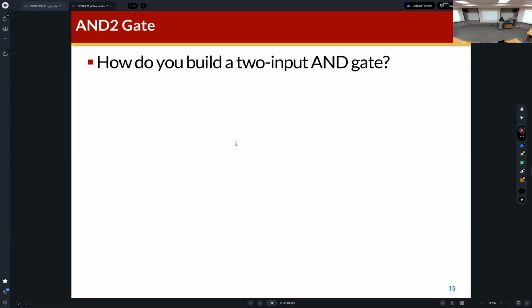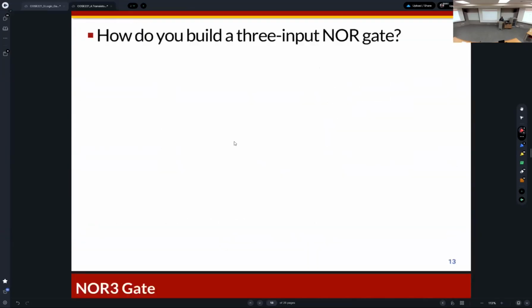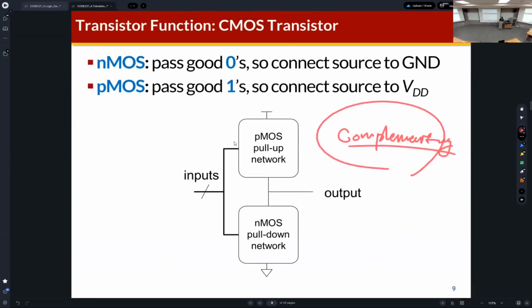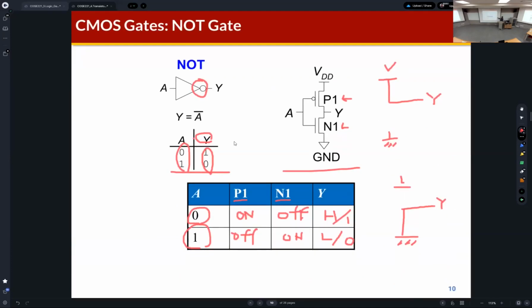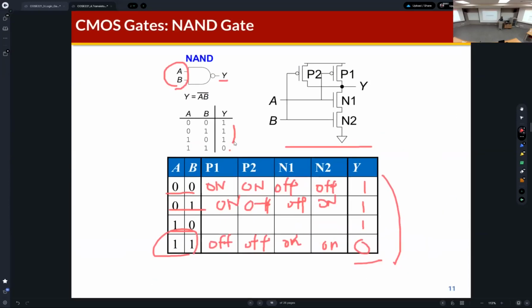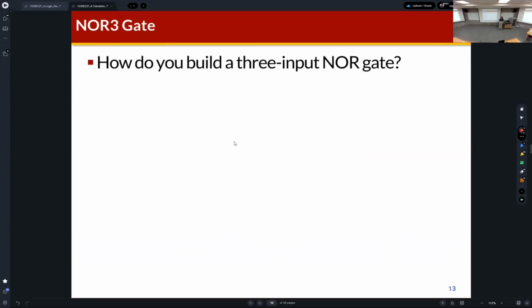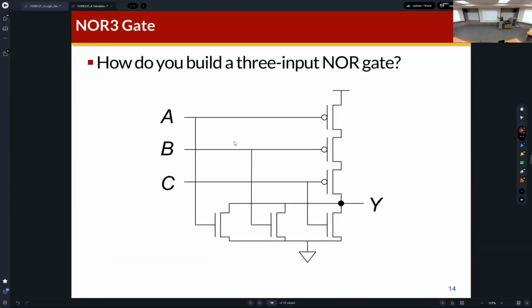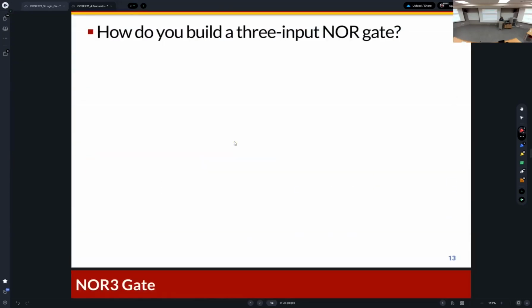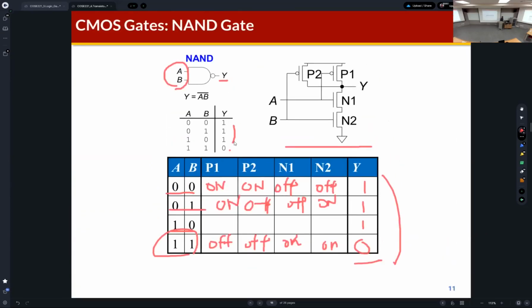You know, I showed the example of the NOT gate, the NAND gate, and also the 3-input NOR gate. Then what are the common parts of the NOT gate, NAND gate, and NOR gate? What are the common parts?